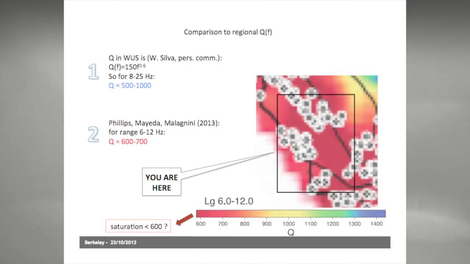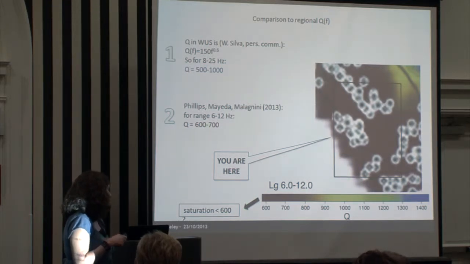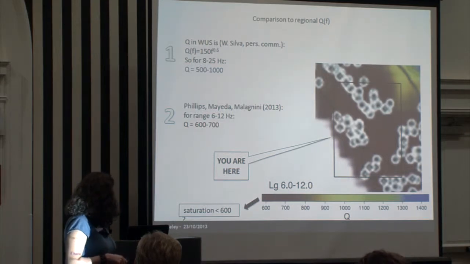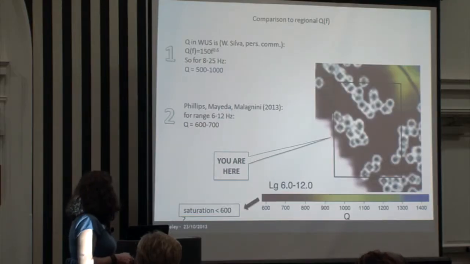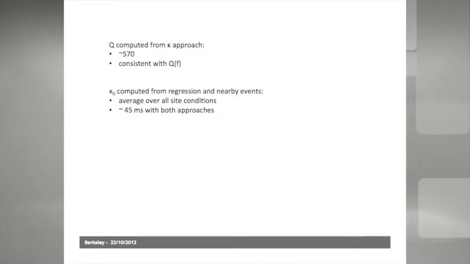There's an issue of saturation of the color scale here, so we might actually be perhaps even down to 400, but more or less 600 is spot on the number we got from the first simplification of the slope. So even if this is LGQ and we're going for S waves, it makes sense, kind of. So we're kind of okay with the Q.